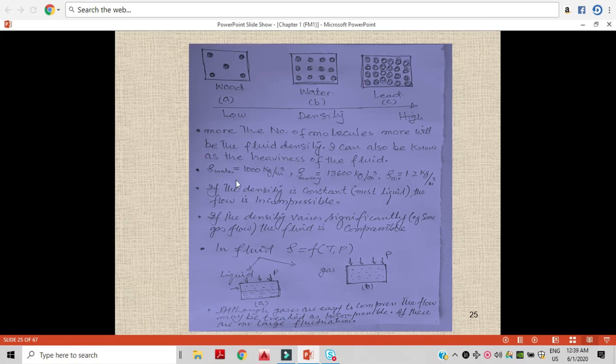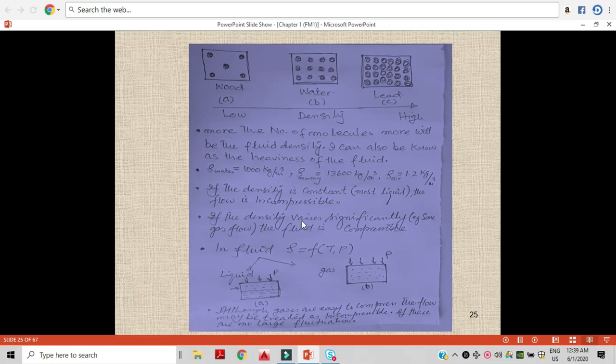Some standard values: the density of water is 1000 kilogram per meter cube at 4 degrees centigrade. The density of mercury is given, and the density of air is 1.2 kilogram per meter cube in the SI system. If the density is constant, as in most liquids, the flow is incompressible.